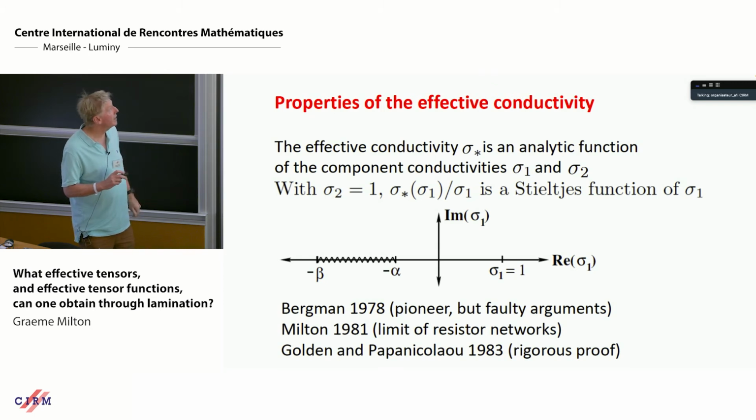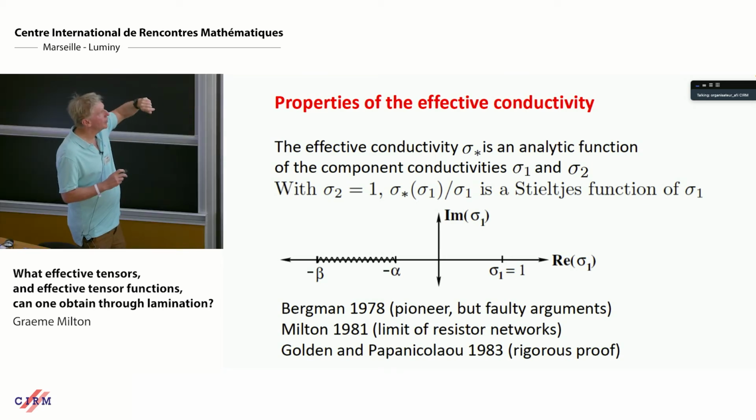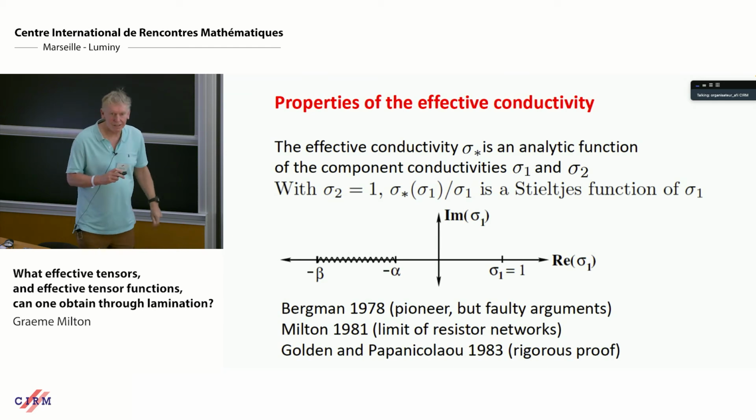So basically, for the effective conductivity, we can put sigma 2, the conductivity of phase 2, equal to 1 because it's a homogeneous function. And so in a two-phase composite, the effective conductivity over sigma 1 is actually a Stieltjes function. The effective conductivity as a function of sigma 1 has potential poles and zeros on the negative real axis, so it could have branch cuts.